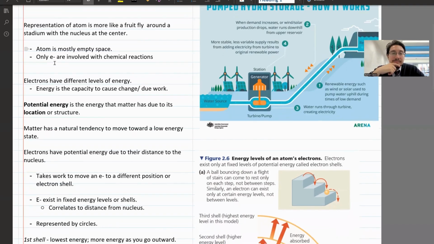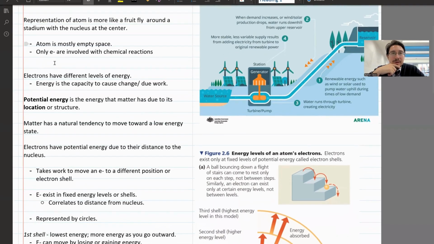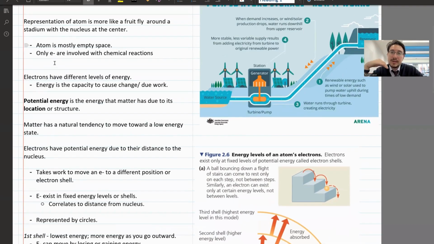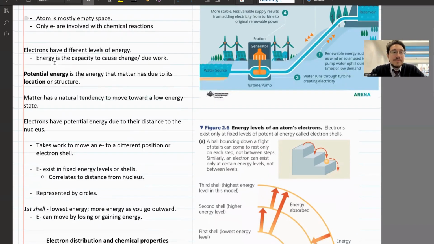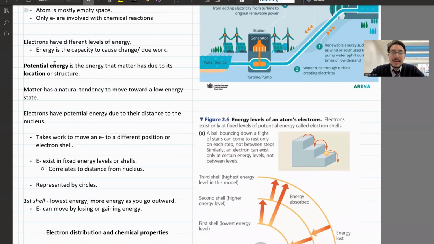And when it comes to chemical reactions, the only ones really interacting between different atoms are electrons. Not even different atoms, same atoms also, carbon to carbon. Electrons can have different levels of energy.